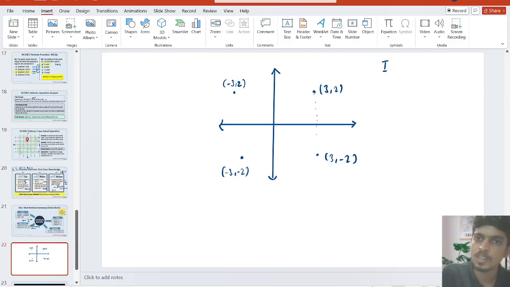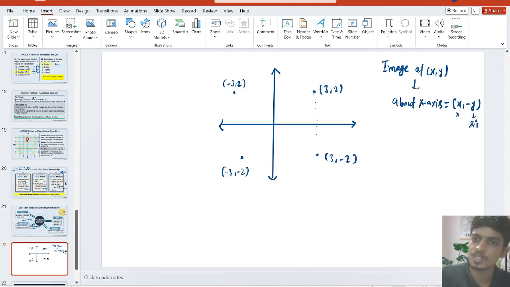So the image of (x, y) about the x-axis is equal to (x, -y). It means that about the x-axis, the x-coordinate does not change, and the y sign changes.